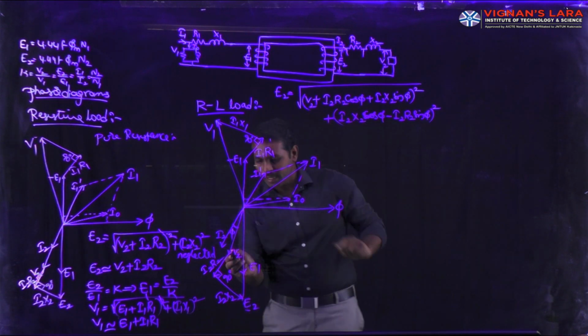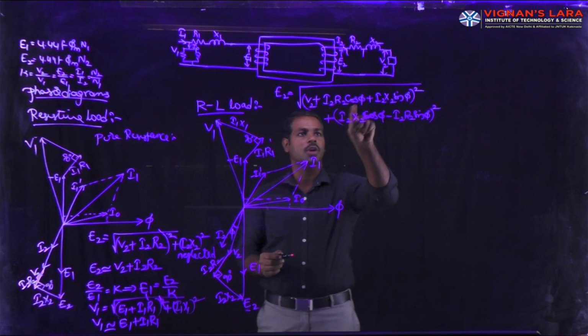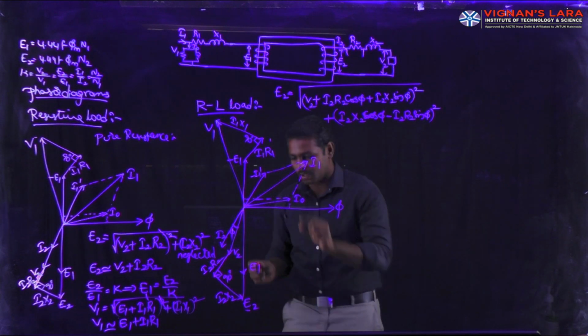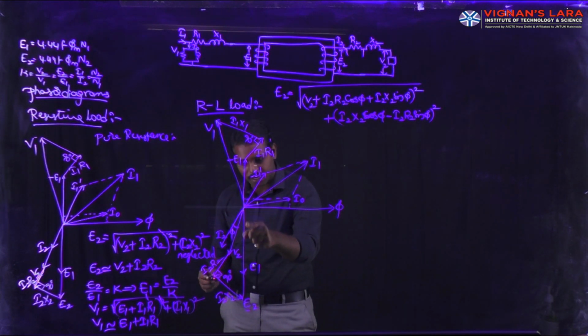V2 is the terminal voltage, plus I2 R2 cos phi. Our objective is to find the path of the E2 value.